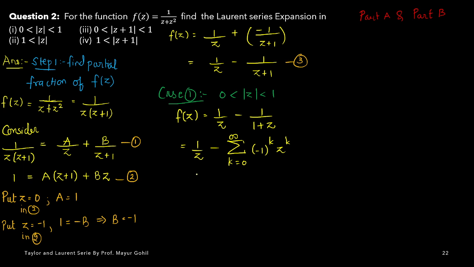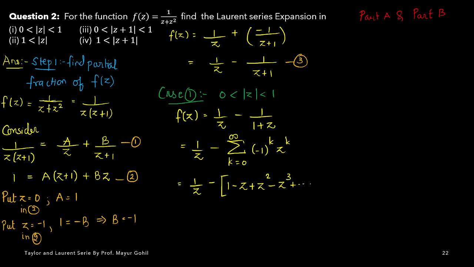Most of the textbooks give the expanded form, so I'll give you that. The expanded one will be 1 minus z plus z square minus z cube plus and so on. So that will be the answer. Now this is how it works. We don't have to do anything further now.